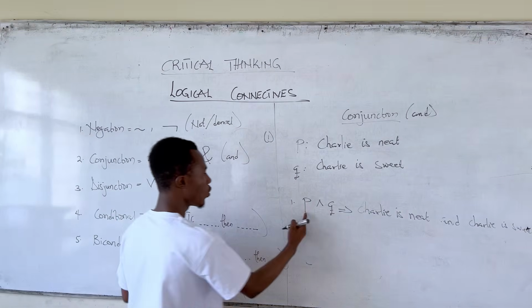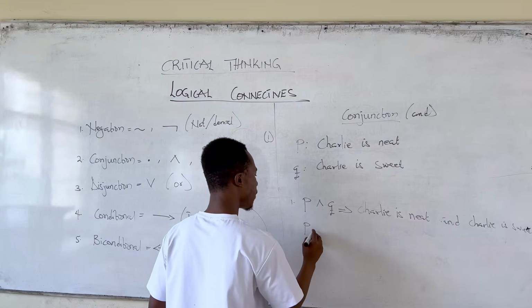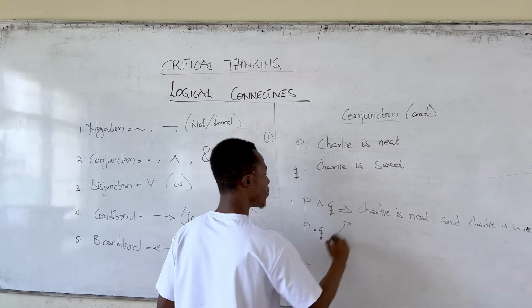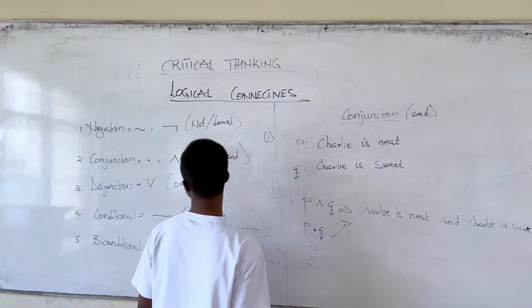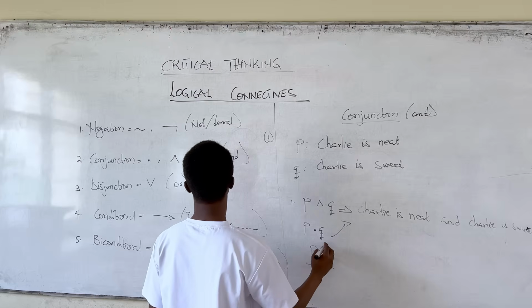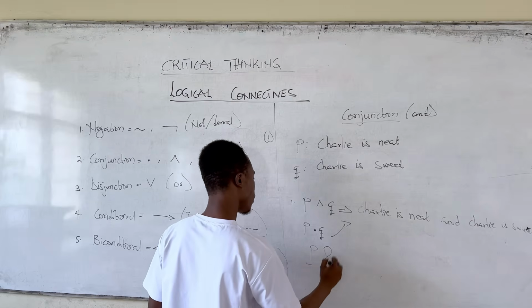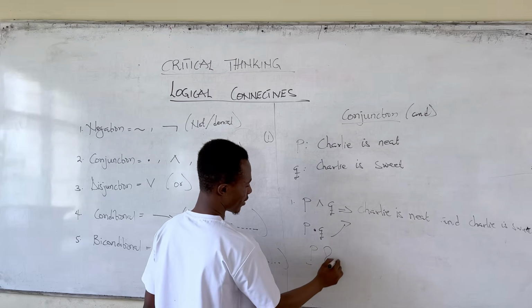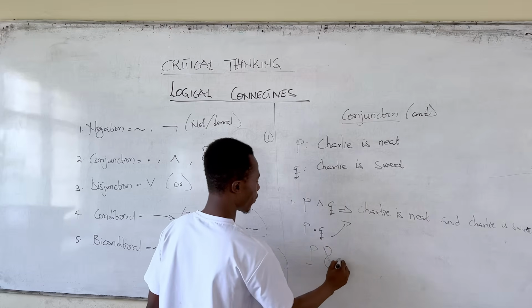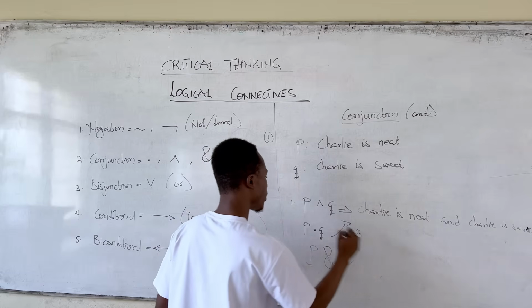Either way, they can say P dot Q. It still means the same. Or P, this symbol, Q. It also means the same.